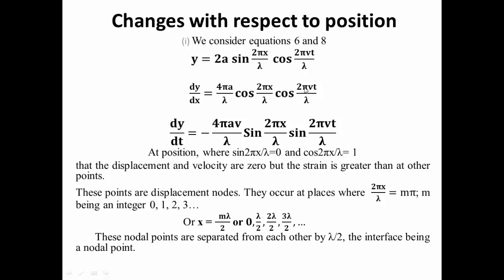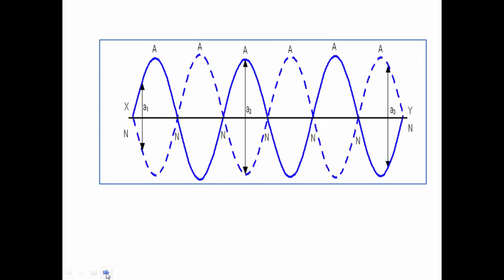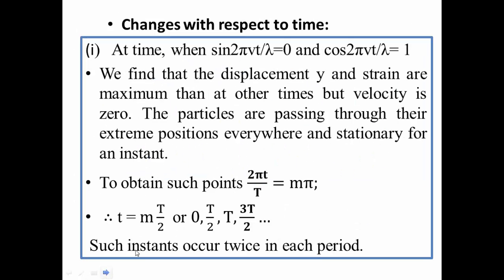So the displacement y and strain are maximum compared with other times, but the velocity is 0. The particles are passing through the extreme position where the velocity is 0 everywhere, and stationary for the instant.